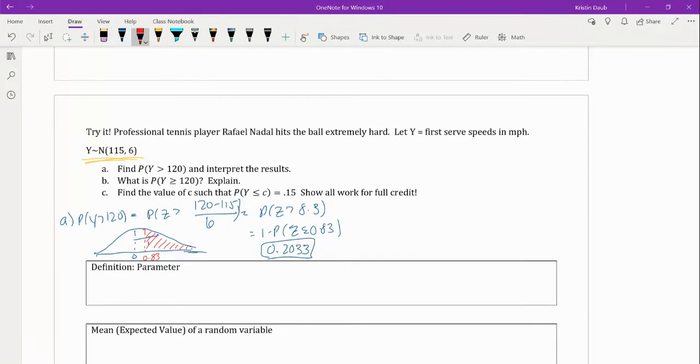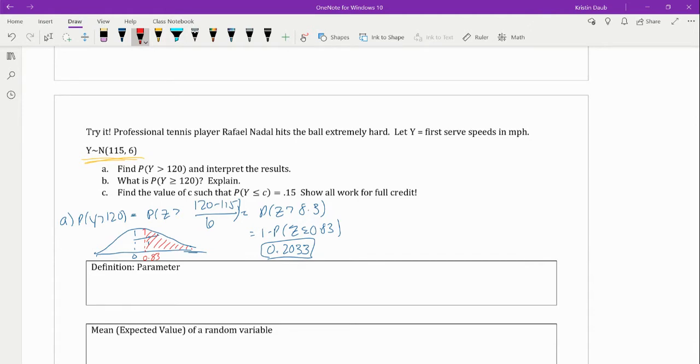Alrighty, I have my answer up there for you so you can check your work against mine. We're looking for the probability that y is greater than some bound. You have the option in your calculator: you can set the lower bound to be 0.83 and the upper bound to be something extremely high, like 999,000. Or you can take 1 minus the probability that z is less than 0.83. You should get about 20.33%.